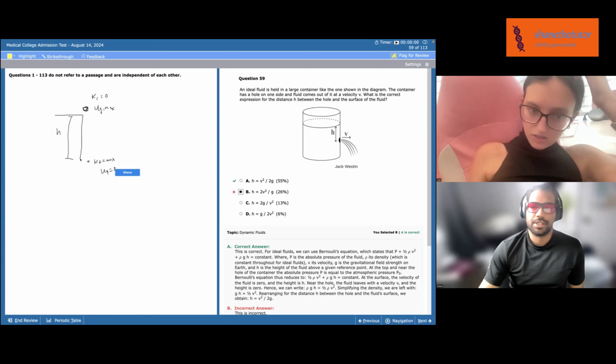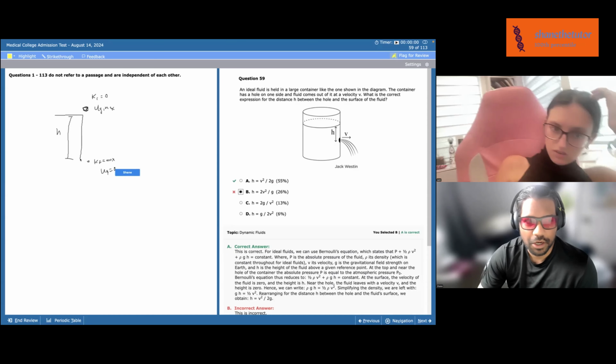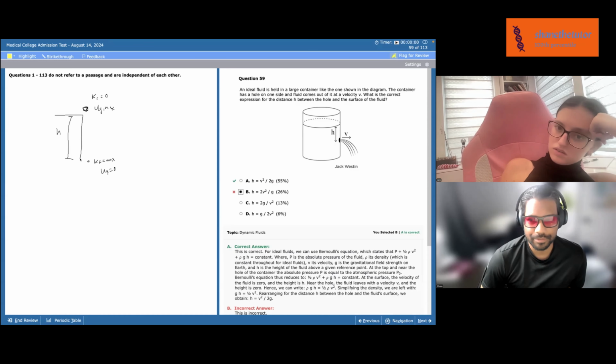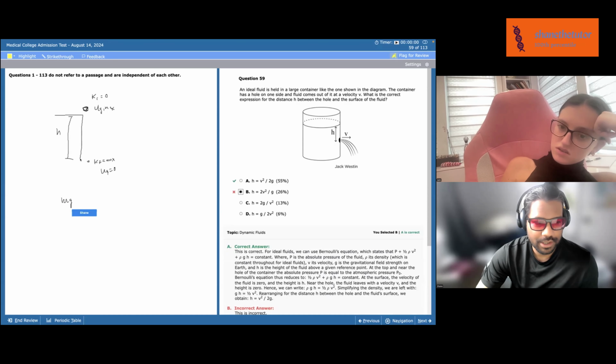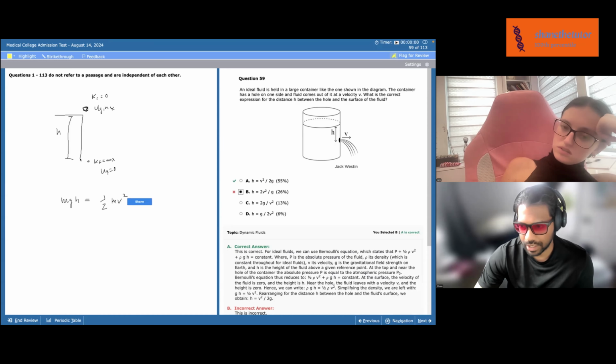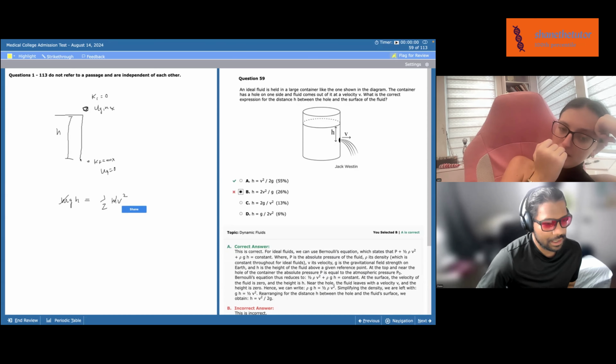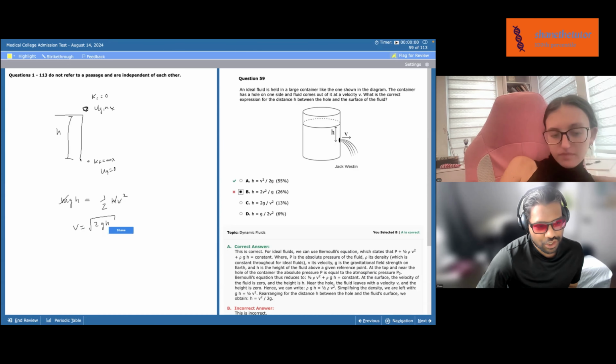So whenever we have a complete conversion of potential energy into kinetic energy, it would be mgh is equal to 1/2 mv squared. That's the one for kinetic energy. And we can cross out m. If we want to solve for velocity, we would multiply the 2 on both sides and take the square root. So velocity is equal to radical 2gh.